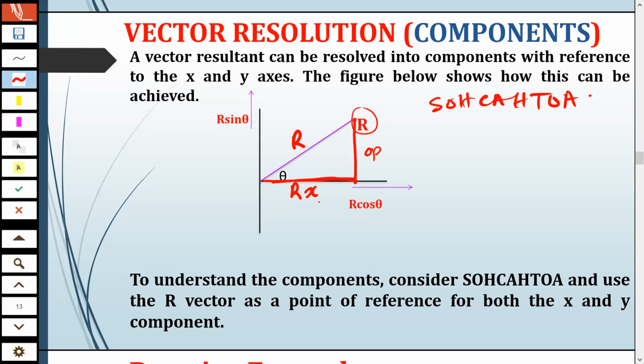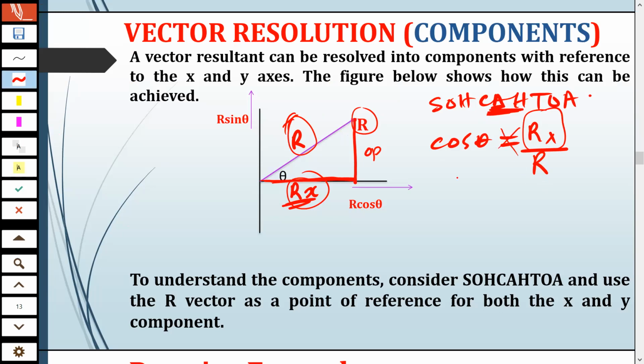So which one deals with the hypotenuse and the adjacent? The adjacent and the hypotenuse is found under CAH, which is cos. So cos of theta is going to be equal to what? The adjacent, which is the R in the X, over the hypotenuse, which is just the same R, the vector R. So now we want to make R in the X the subject of the formula.